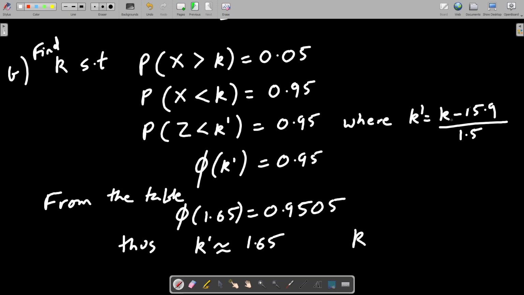So just simplify and get this value of K. K will be equal to 15.9 plus 1.5 into 1.65. Simplify and get this answer.